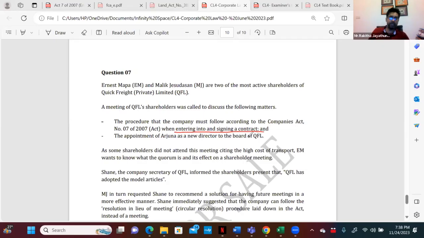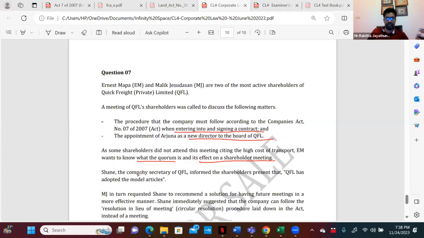Again, it's there in the Companies Act. The appointment of Arjuna as a new director to the board of QFL. As some shareholders didn't attend the meeting citing the high cost of transport, EM wants to know what the quorum is and its effect on a shareholder meeting.